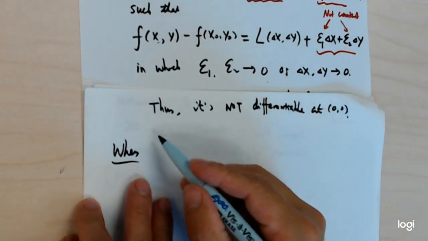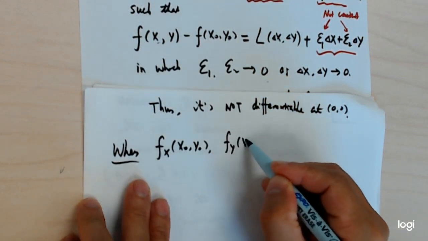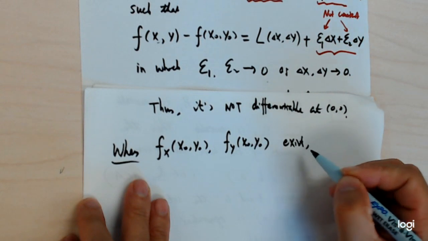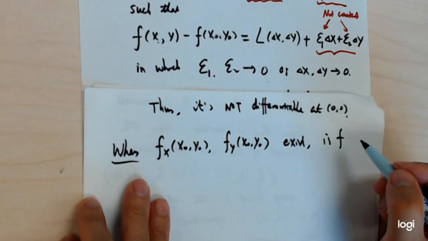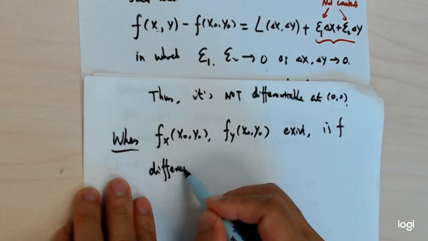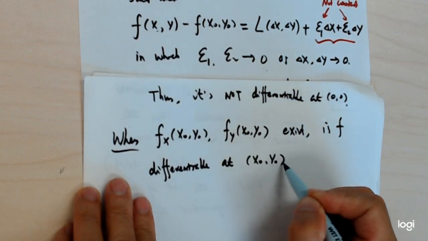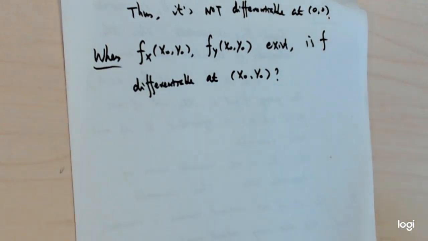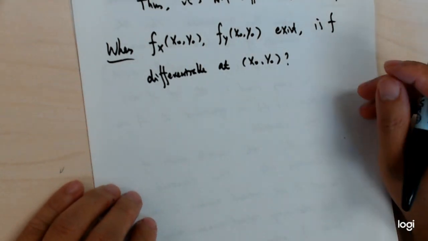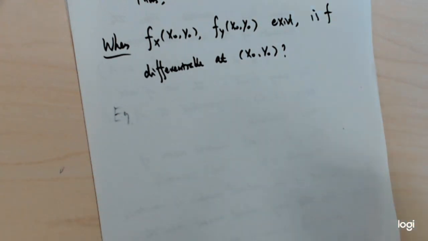So when the partial derivatives, we're talking about a function of two variables here, both exist, is f always differentiable at that point? So let me show you this next example.